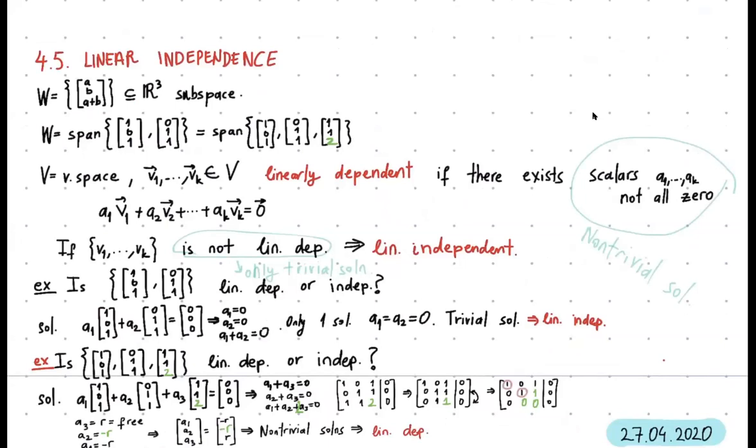If the only solution you get is a trivial solution, which is a1 equals a2 equals ... ak equals 0, then the vectors are called linearly independent. And if you get a non-trivial solution, then these vectors are called linearly dependent. Okay, so this is a general reminder of what we did, and we did some examples of this.